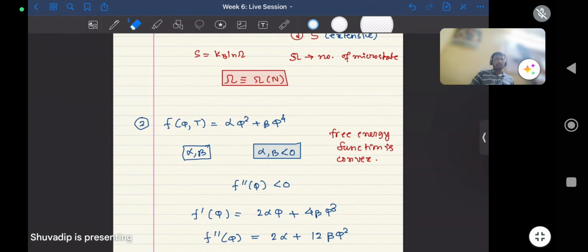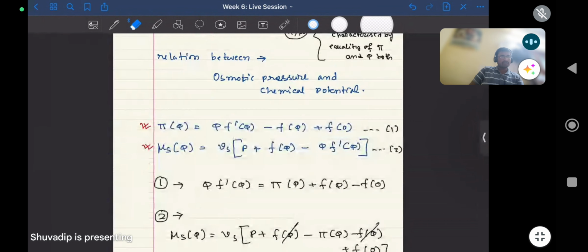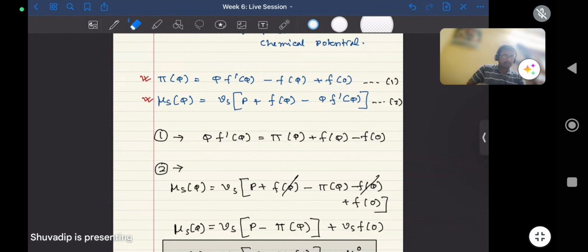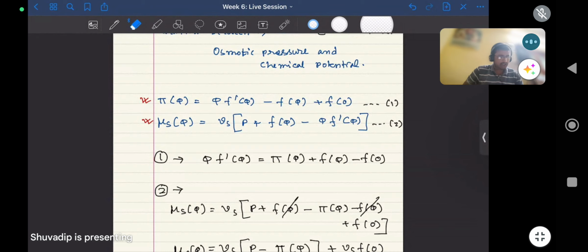Then we found the relation between pi and mu, osmotic pressure and chemical potential. So this is of the solute. You can do the solvent also. There phi will be replaced by 1 minus phi, and there will be a similar formula.